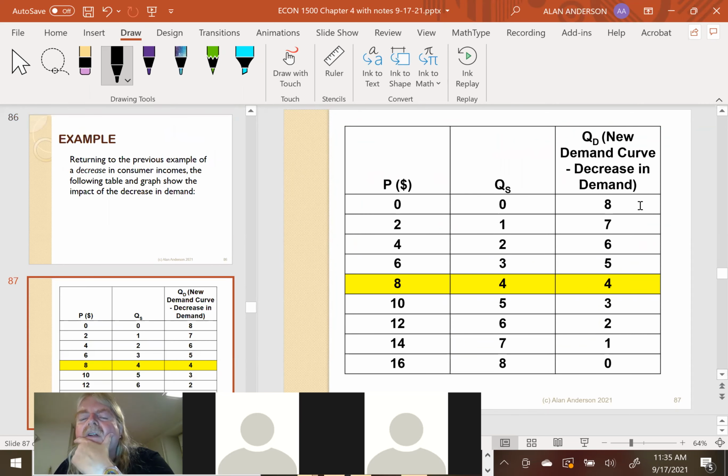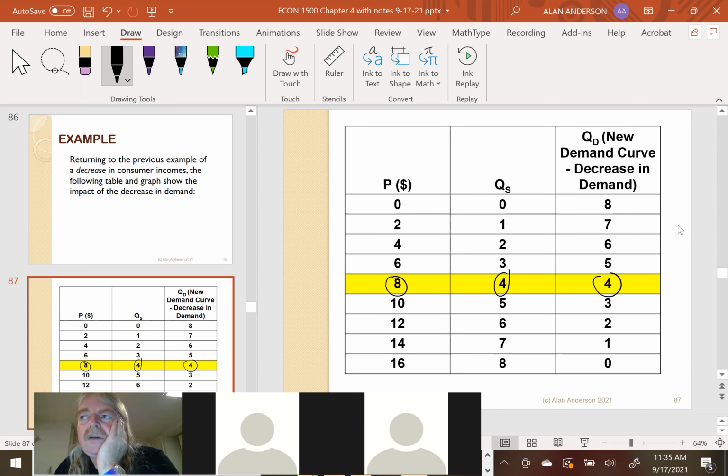Okay, so now what I've done is I've introduced the demand curve where our demand for pizza is lower than originally. And now all of a sudden, the new equilibrium price is only $8. And at that price, we're buying 4 million pizzas instead of 5.